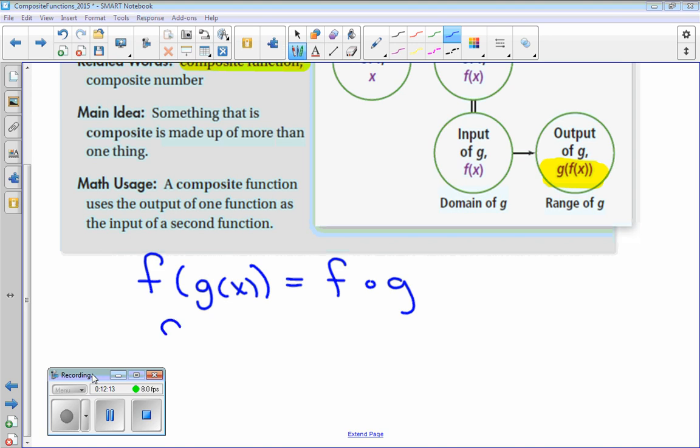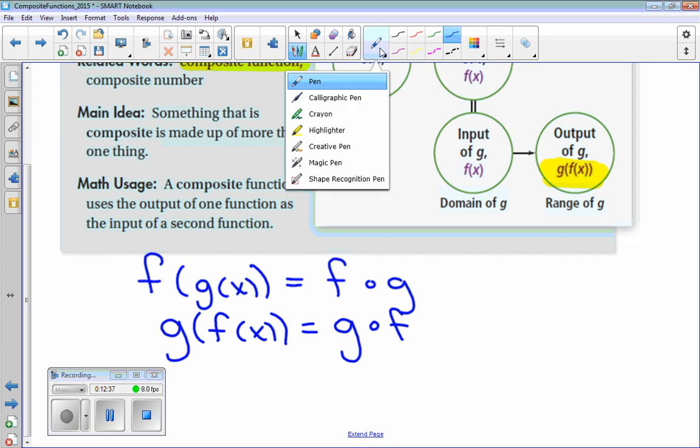Same goes the other direction. g of f of x is the same thing as g circle f. Sometimes these functions are referred to as fog and gof functions, just because it looks like fog and gof. But it just really means I'm taking one function and plugging it into another.